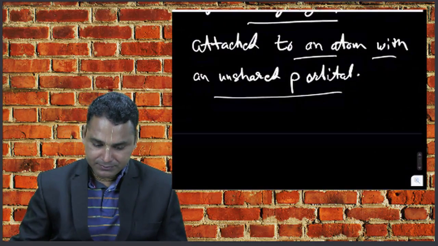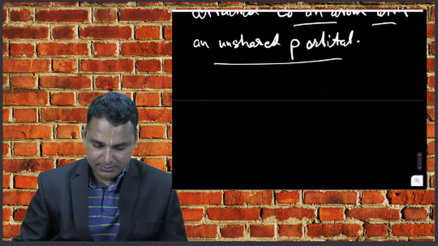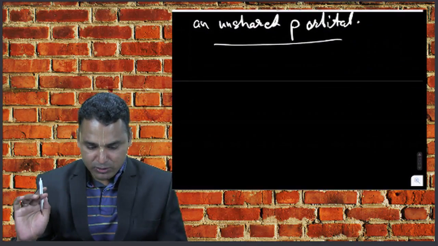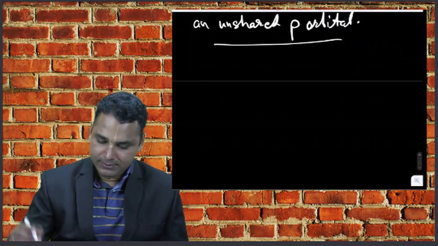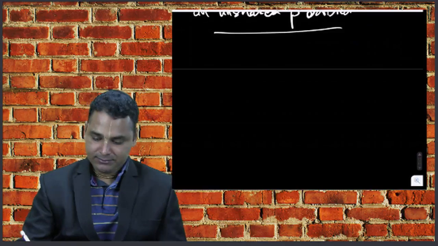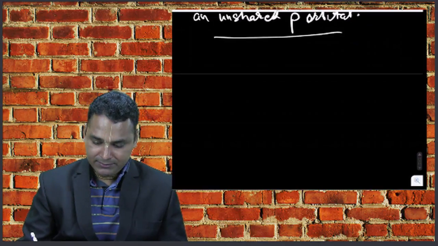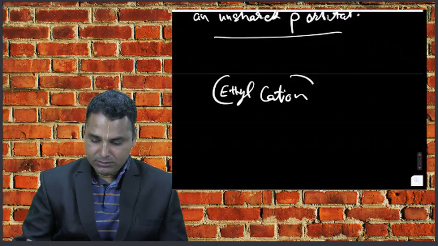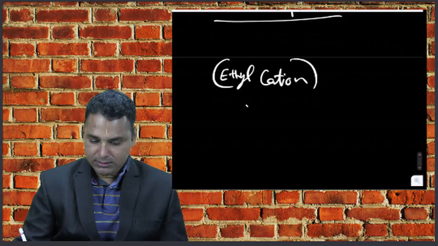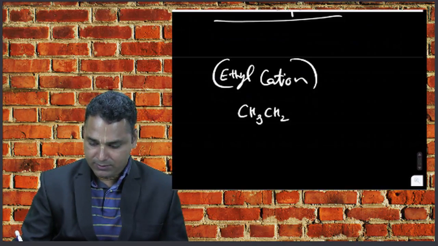How? With an example. To understand the hyperconjugation effect, let us take the example of the ethyl cation. This is ethyl, and it is a cation due to the presence of this positive charge.